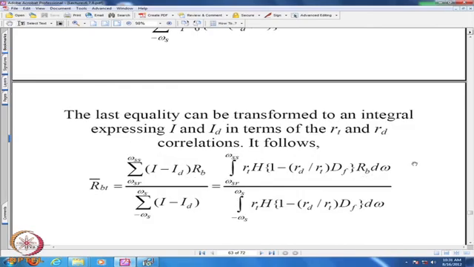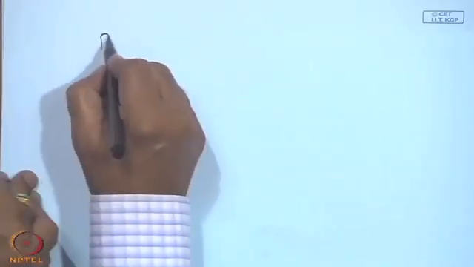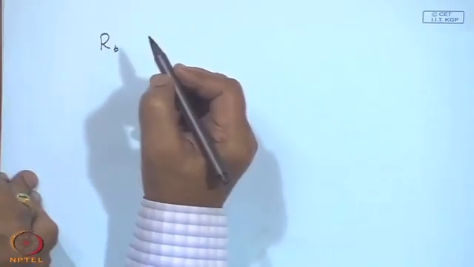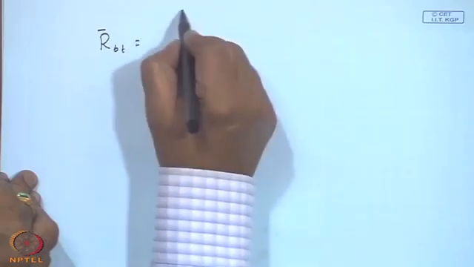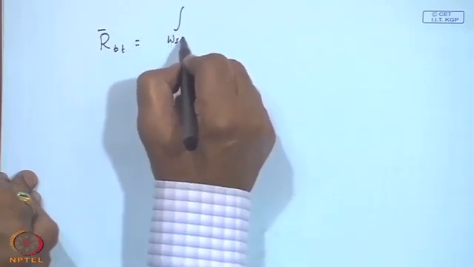Now, what I can do is, though for the sake of our understanding, we first started with a summation of the hourly values. This can be rewritten as a continuous function, since we have the correlations of Collares-Pereira and Rabl and Liu and Jordan. So, integrate it.